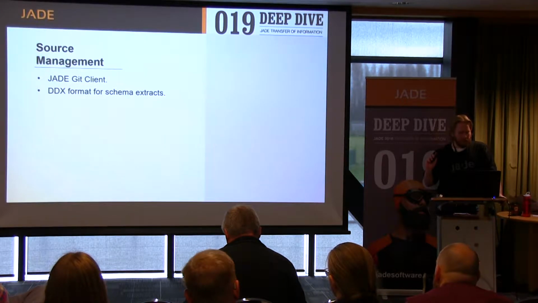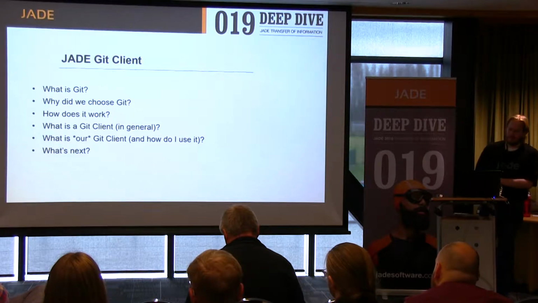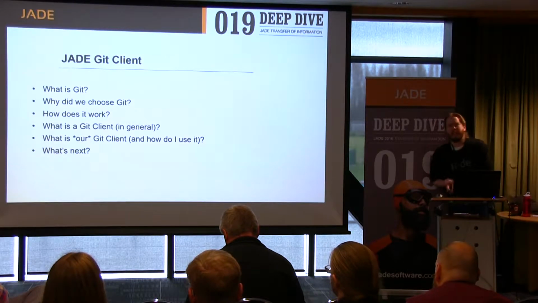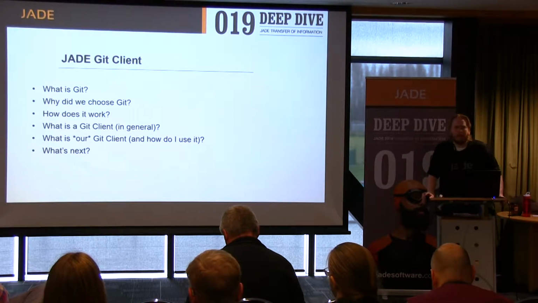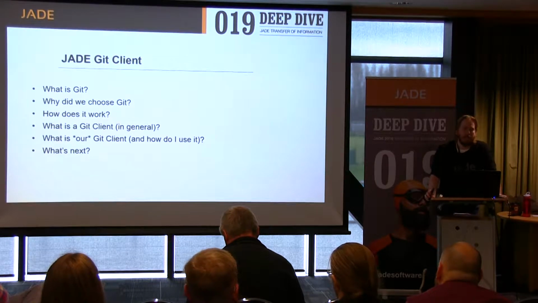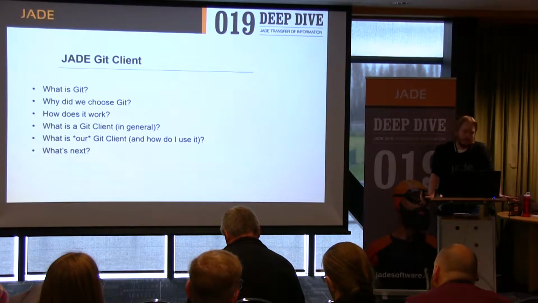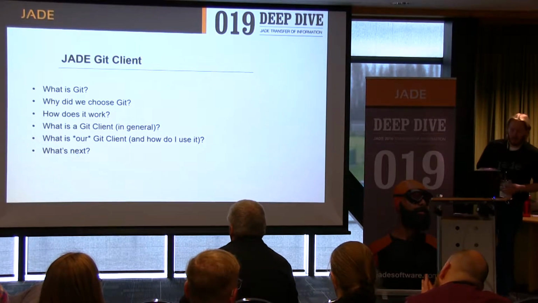So, first of all, Jade Git Client. I want to start by talking a little bit about Git in general. Now, I appreciate that probably quite a few in the audience have used Git extensively, and this is not exactly new information for you. But maybe some of you are using other source management strategies and are not on the Git bandwagon, as it were.